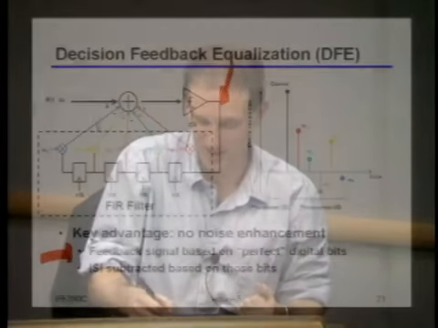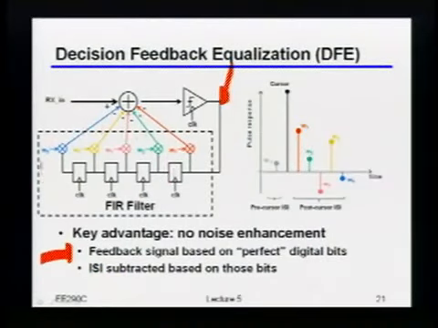When I take that digital bit and use it to feed back and subtract all this stuff off, notice the noise itself is never coming back into this filter. If the noise was being added right there, once I've made the right decision, that noise has no way of making it back through that filter. In other words, there's no way of amplifying the noise. Does that make sense to people?